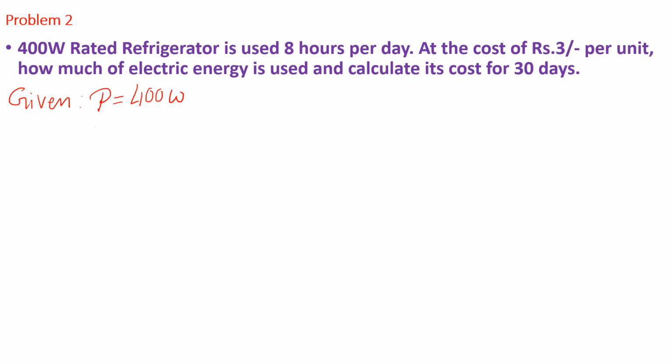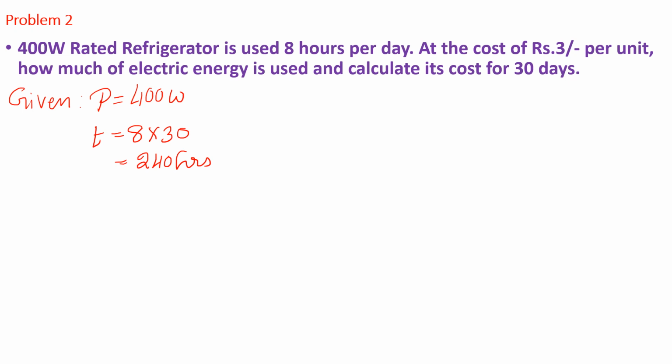Time is equal to 8 hours, but they are asking the cost and energy for 30 days. So 8 into 30, per day it is 8 hours into 30 days, which is equal to 240 hours of time it is used.